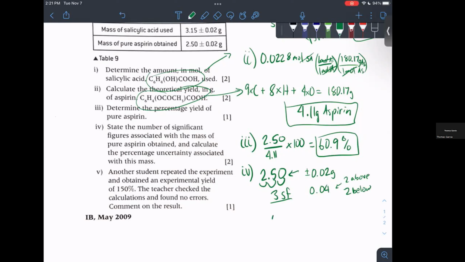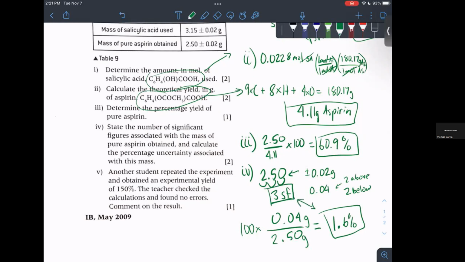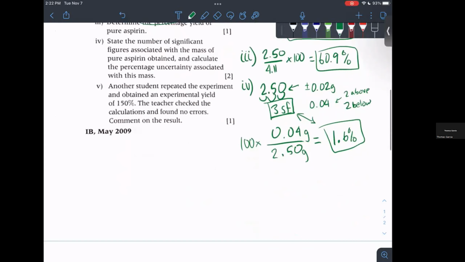So we will take 0.04 grams and divide it by our mass, 2.50. And again, we're going to multiply by 100 because this is a percentage, and we will get a percent of 1.6%. So 3 sig figs and 1.6% are our answers.